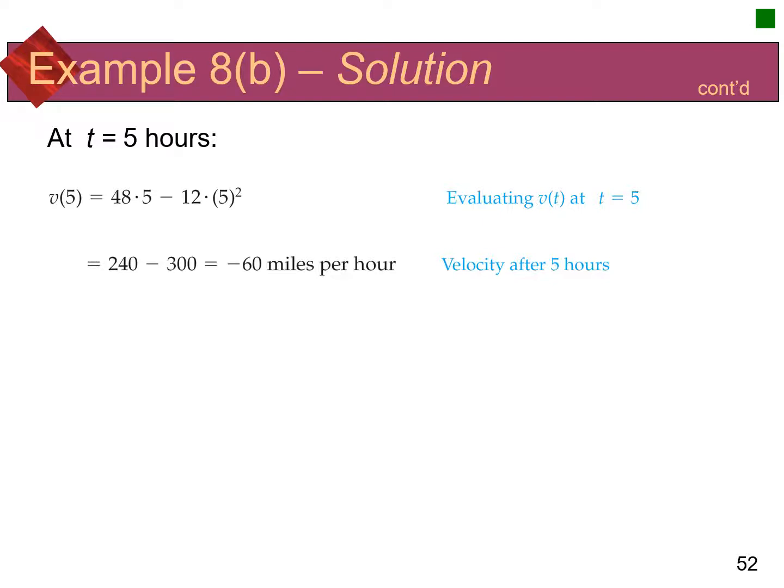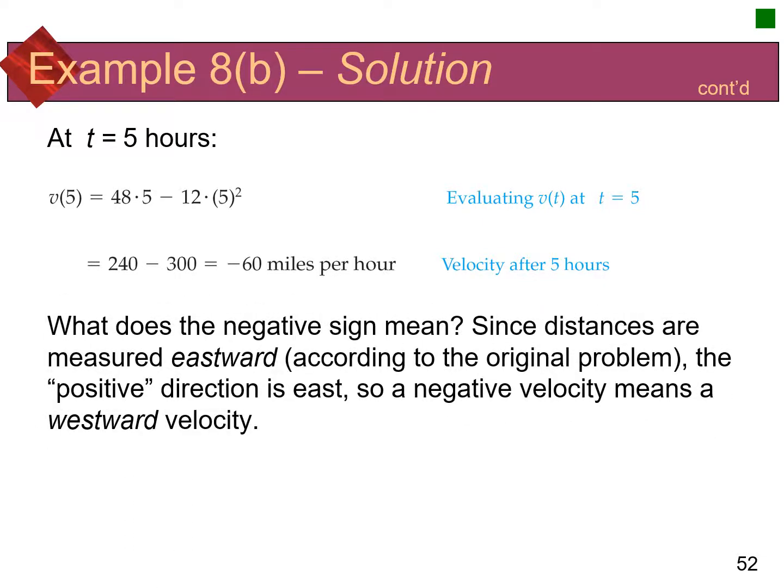That's what the negative stands for. I can't have a negative speed, I can't go negative 60 miles per hour. Negative 60 miles per hour simply refers to the fact that, since the distance was measured eastward, this indicates that the truck at that point in time is heading westward.